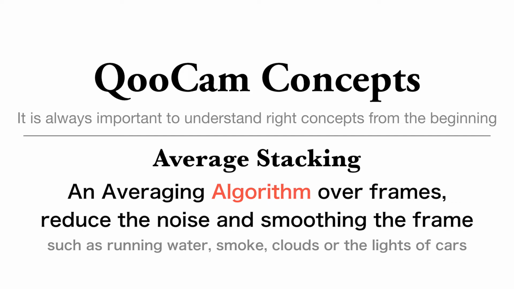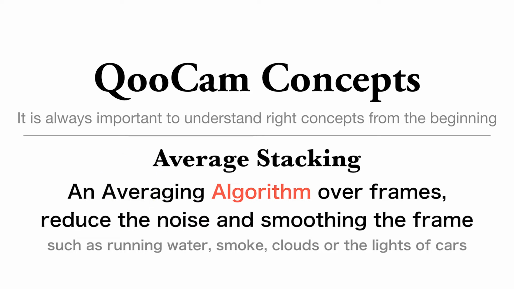The first one is average stacking. Average stacking is a concept from image stacking, from computer vision or image post-processing. It is an average algorithm. So average stacking is, in fact, an algorithm over frames. The average over frames.